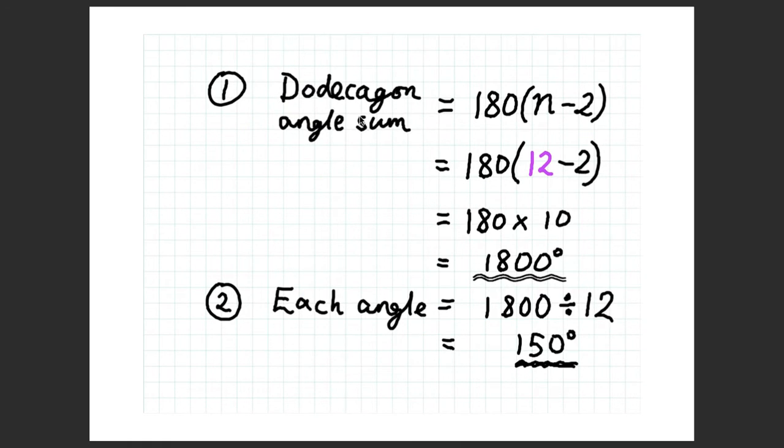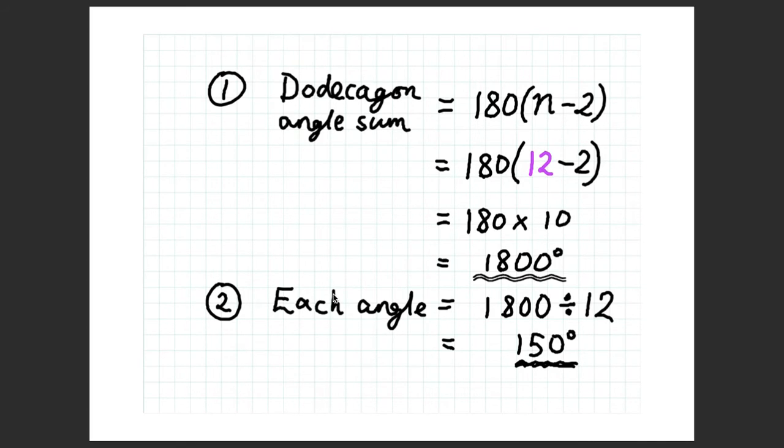Okay, so the dodecagon angle sum: the general formula is 180 times (n minus 2), where n is the number of sides. So just stick 12 in that formula for 12 sides, and you get 180 times (12 minus 2). So that's 180 times 10, which is 1,800. So if you've got a 12-sided shape, the angles will add up to 1,800.